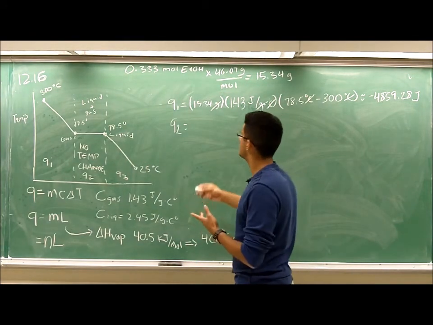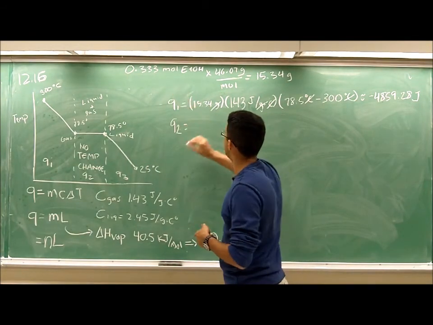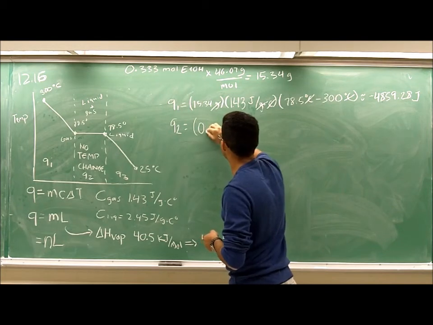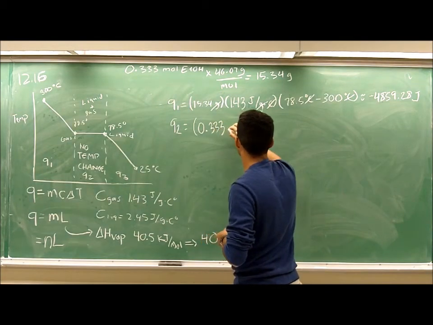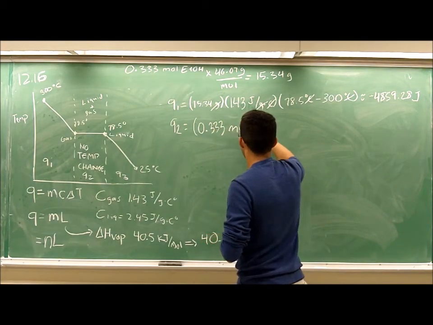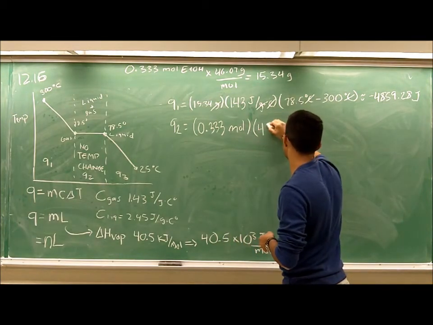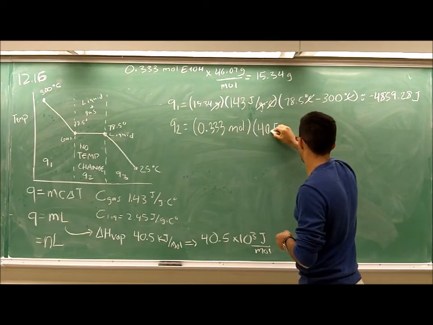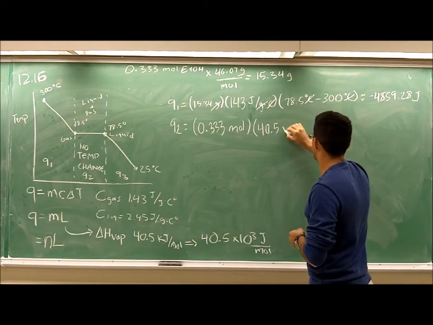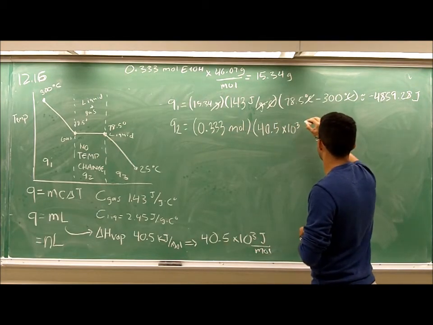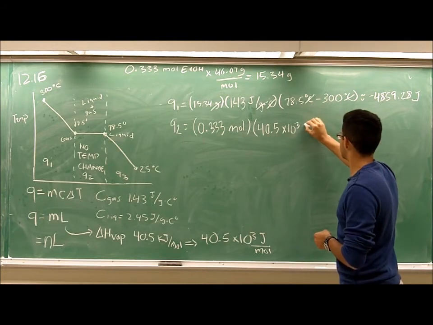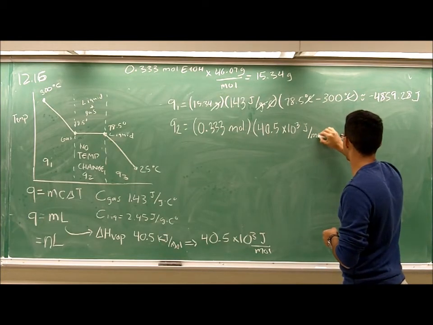So Q is equal to the number of moles we have, 0.333 moles, times our heat of vaporization, times 10 to the third joules per mole.